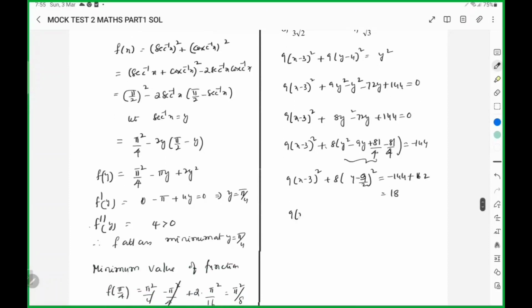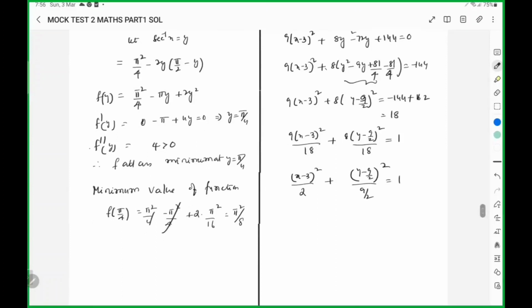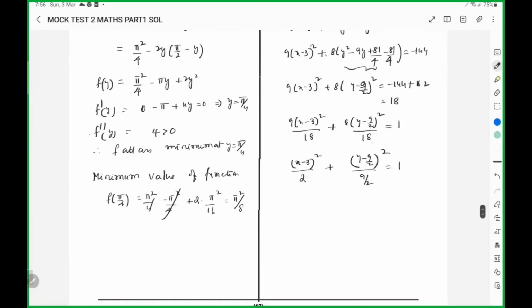So 9 into (x minus 3) whole square by 18, so (x minus 3) whole square by 2, plus (y minus 9 by 2) whole square by 9 by 4.